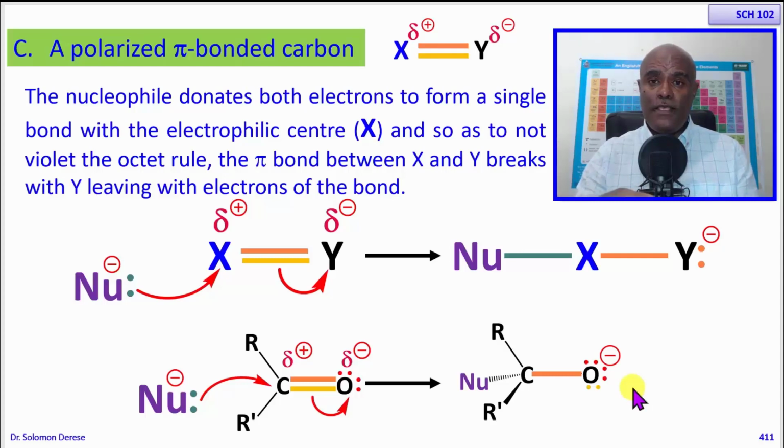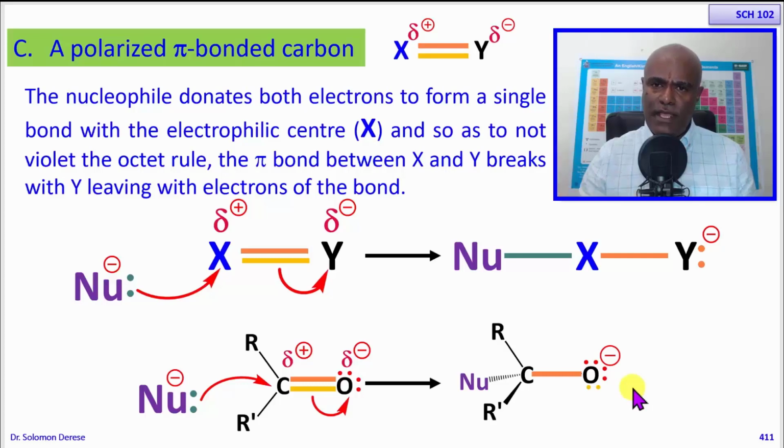However, if this neutral polarized bond is in a double bond, that means if it has a sigma bond and a pi bond, when a nucleophile attacks the electrophilic center, the pi bond breaks. So these are the possibilities.